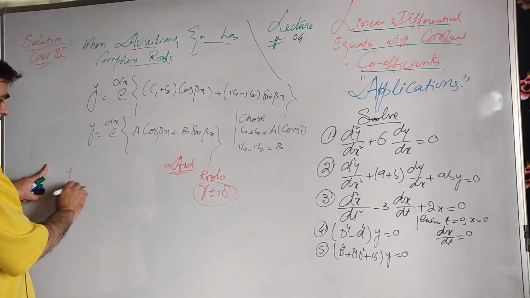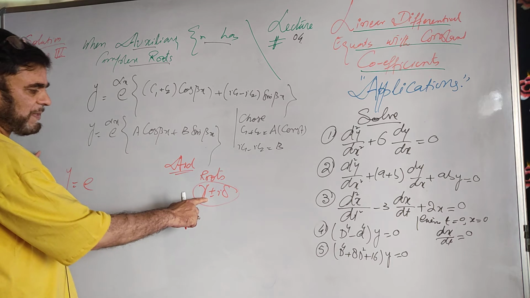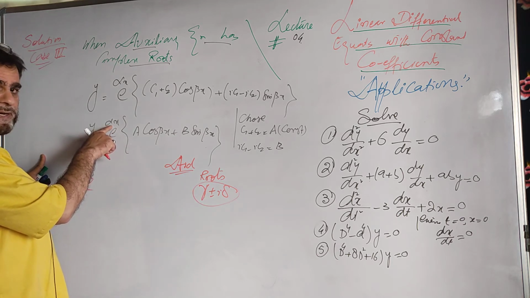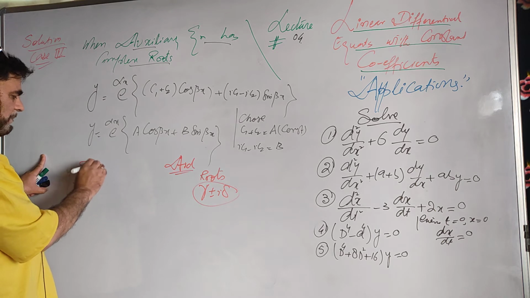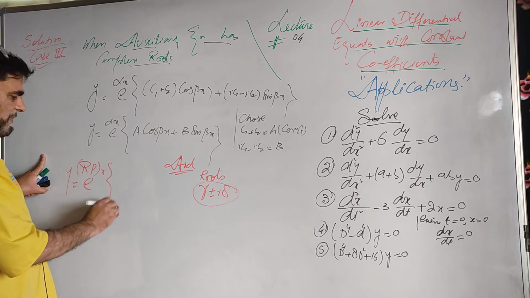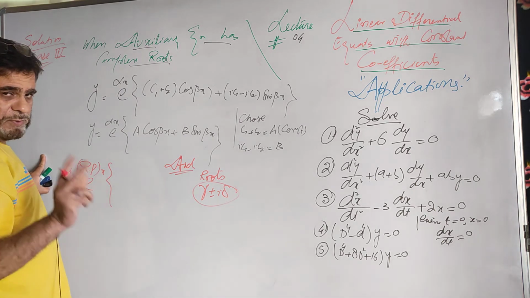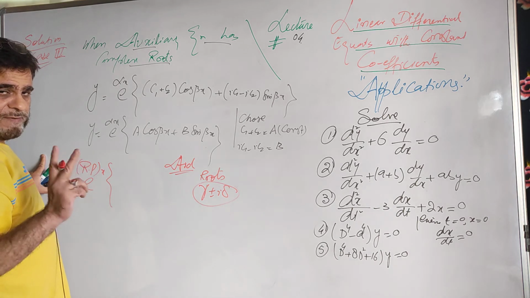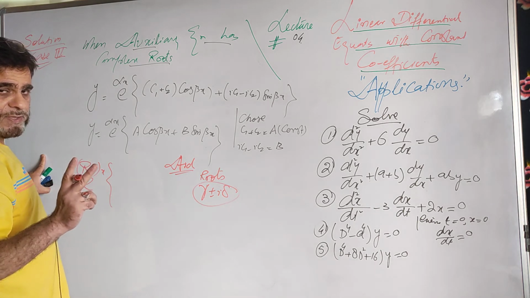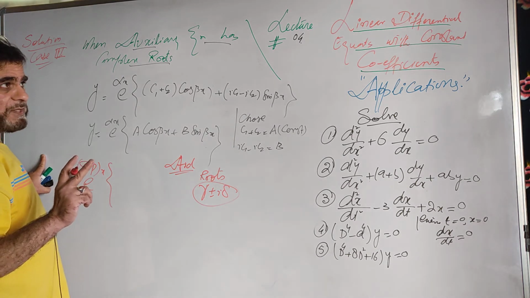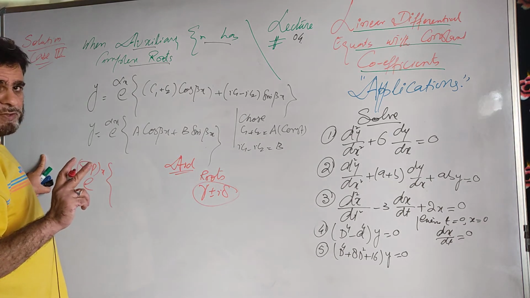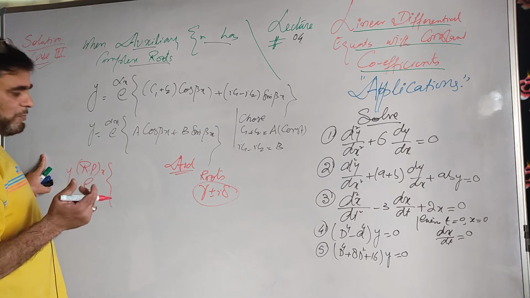The solution is simply y is equal to e raised to the power alpha, the real part of the complex number, times x. Then any constant. You have to use two constants for two roots. When the differential equation is second order, you have to use two constants, as you have come to know from lecture number 1, 2 and 3 on linear differential equations with constant coefficients.